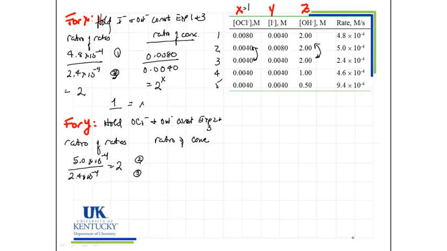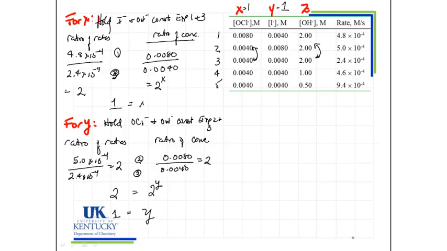We have 0.0080 and 0.0040, and so again we have a doubling. So doubling the concentration raised to some power will give me a doubling of the rate, and so that tells me that y is equal to 1 as well. So now I know it is first order in I minus.